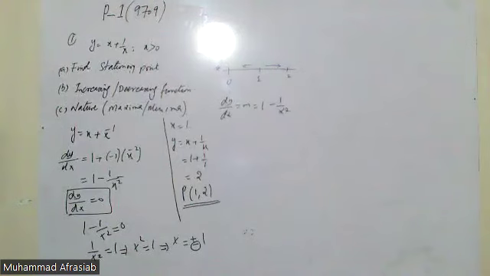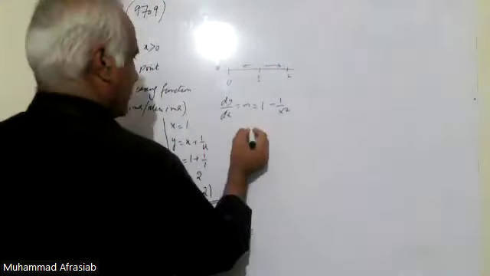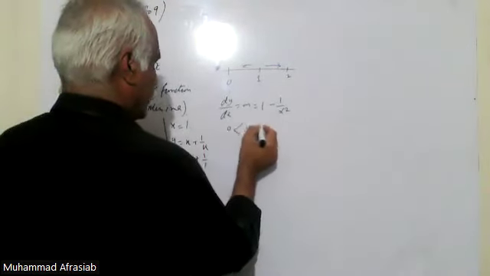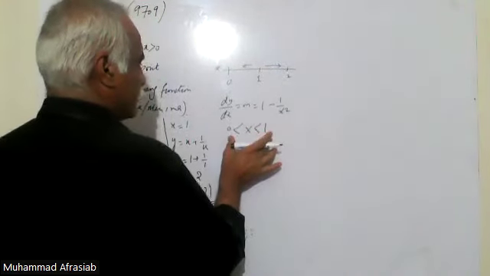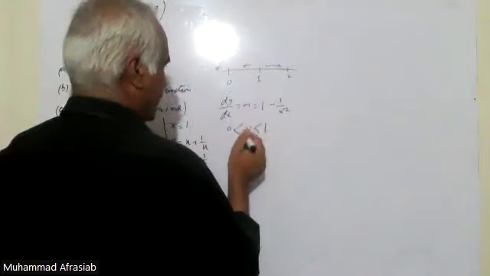Now we put x greater than 0 and less than 1. Any value we can put from these two values. So let's say 0.5.